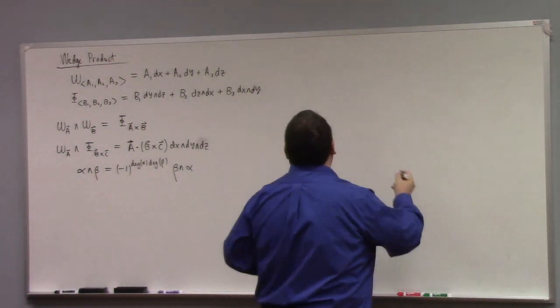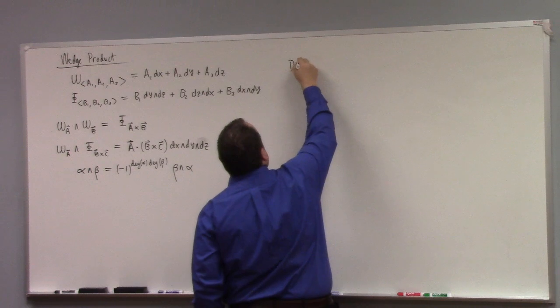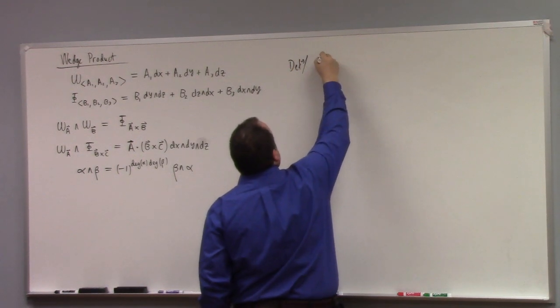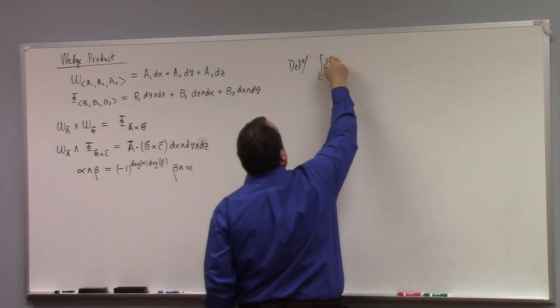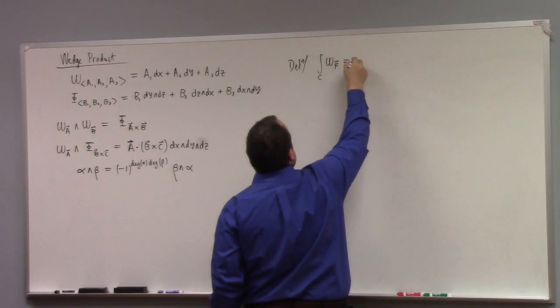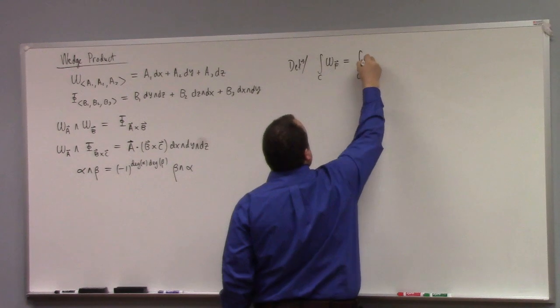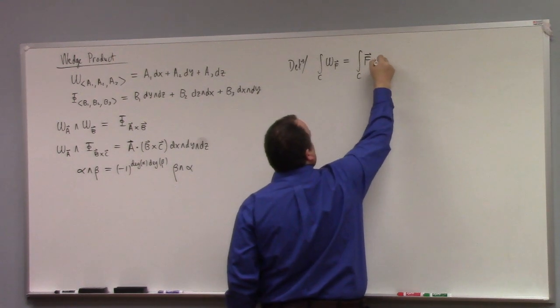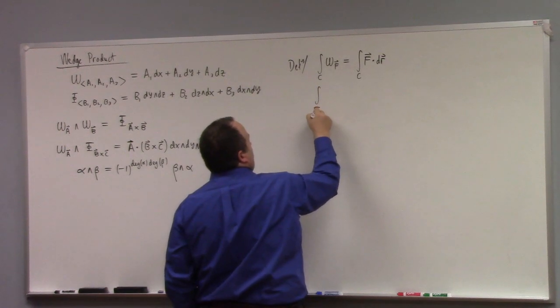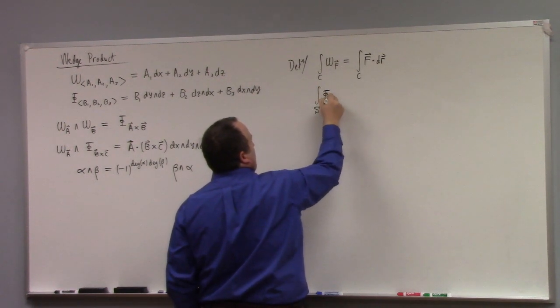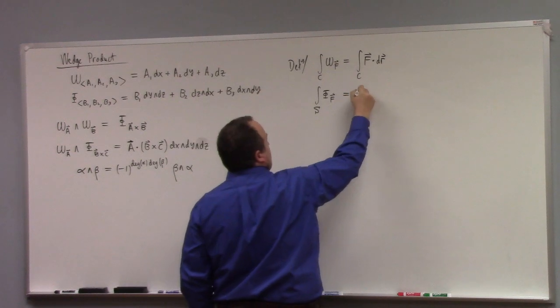So by definition, the integral along a curve of the work form of a vector field is the line integral. The integral over a surface of the flux form of f is the surface integral.